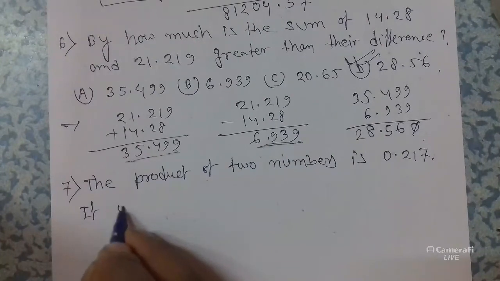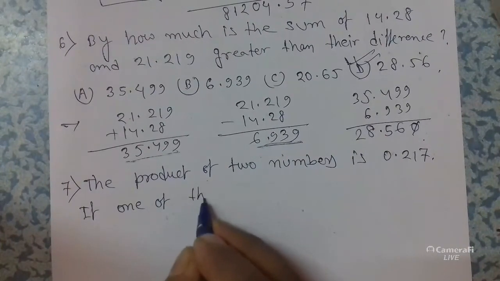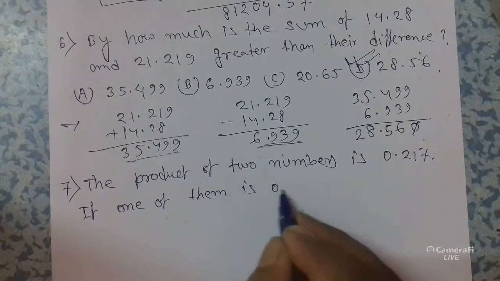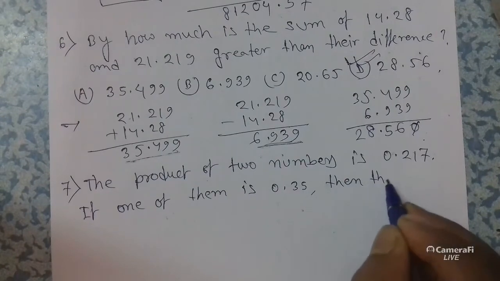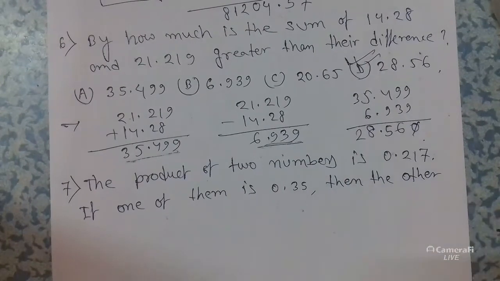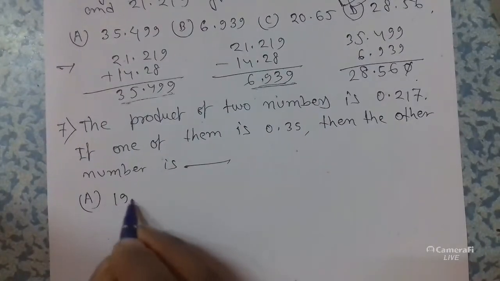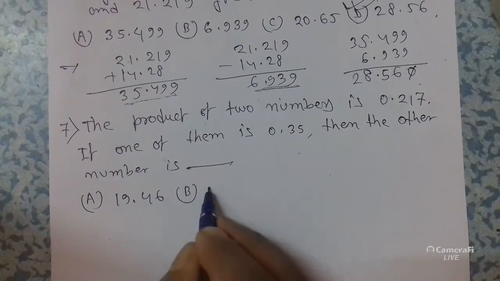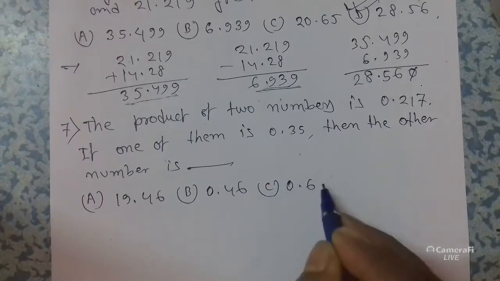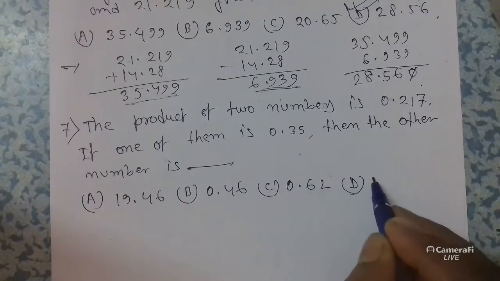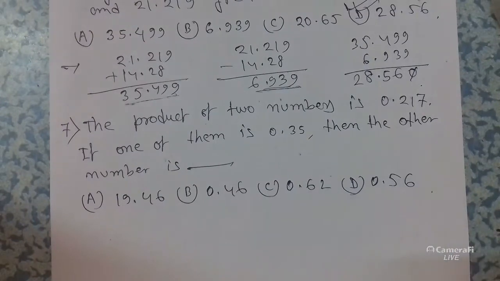If one of them is 0.35, then the other number is, the options are 19.46, 0.46, 0.62 and 0.56. These are the options.